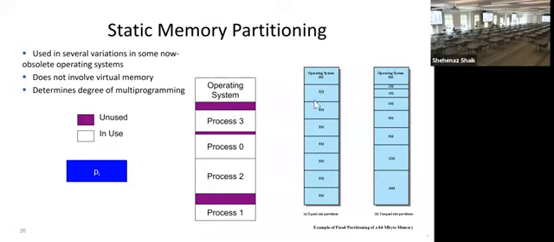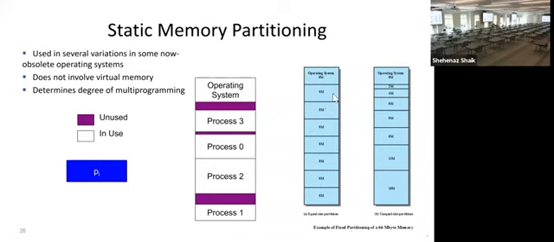Now, one important thing to note here is this entire physical memory capacity that is available, and we are aware that only one process can be loaded into each of these partitions.